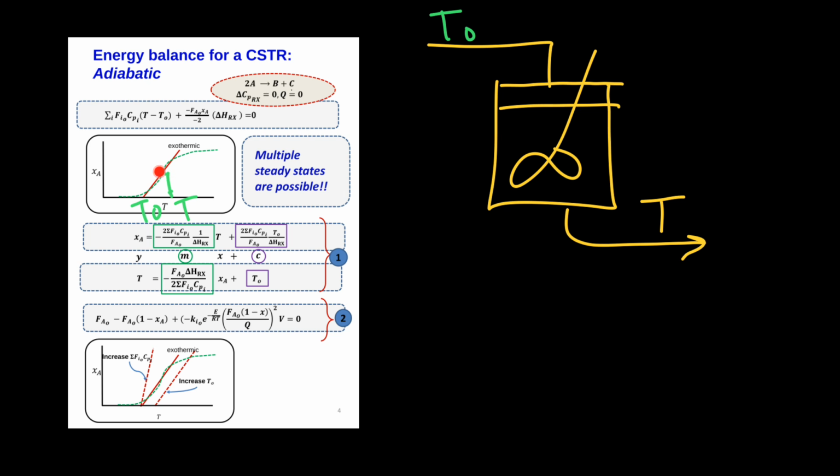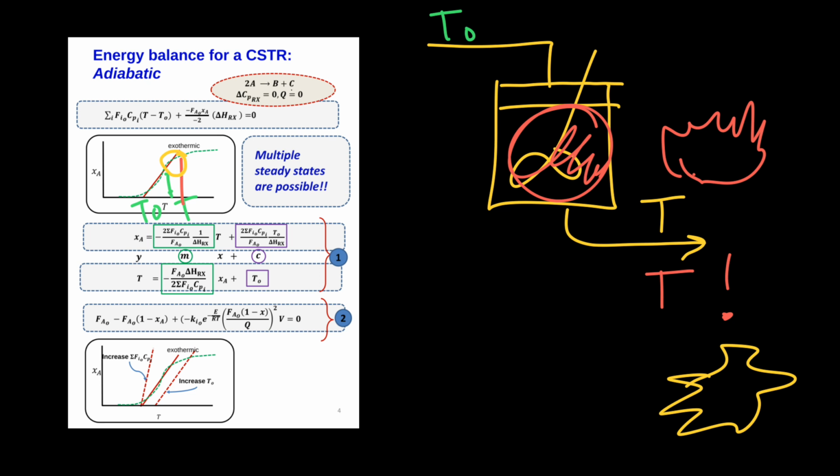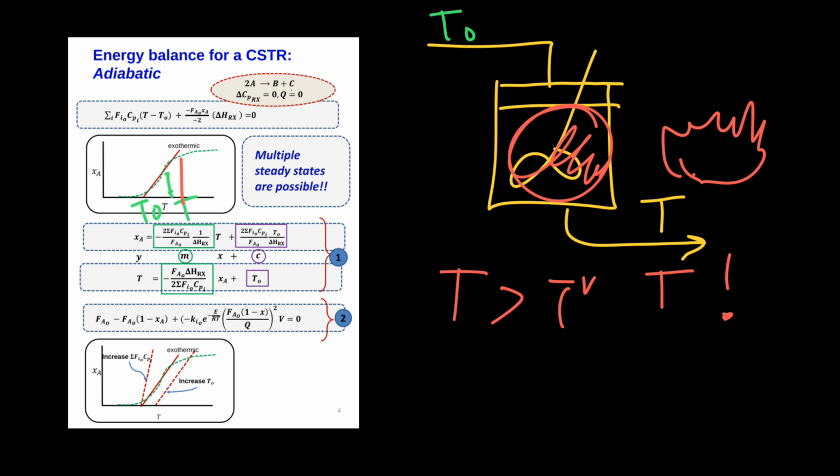Due to a very small disturbance, because this is an unstable steady state, it can move to that higher temperature. And with this exothermic reaction, that higher temperature can be higher than the saturation temperature of the fluid that you've got here in your steel vessel.